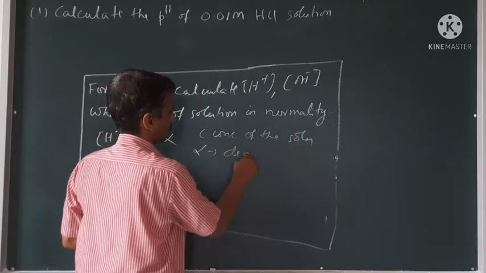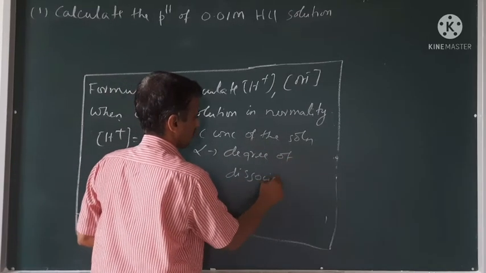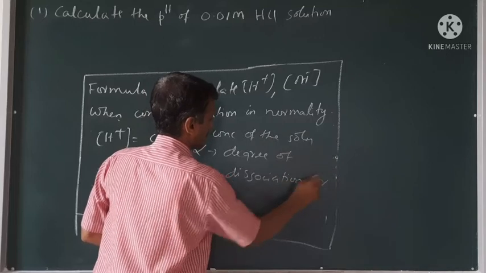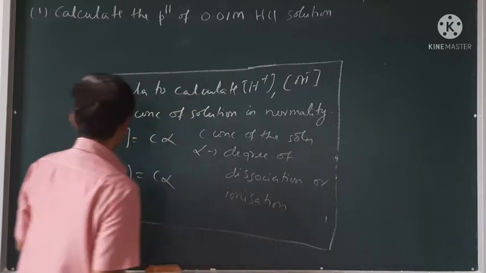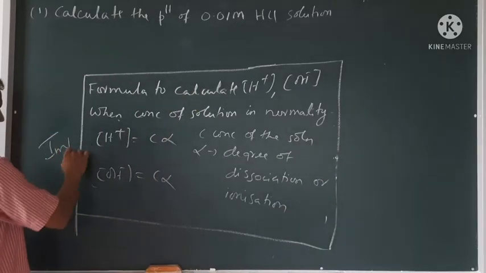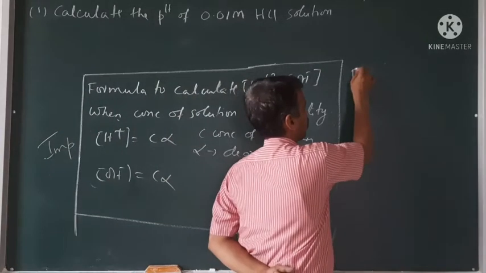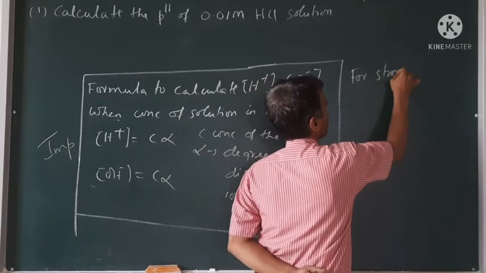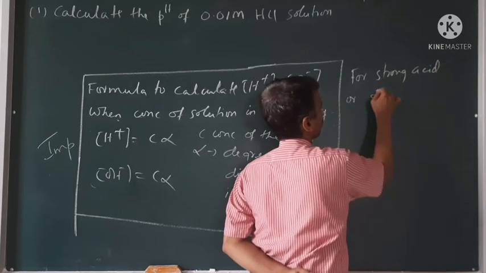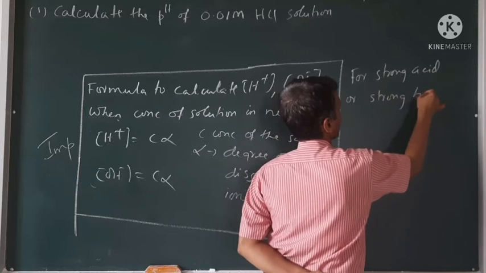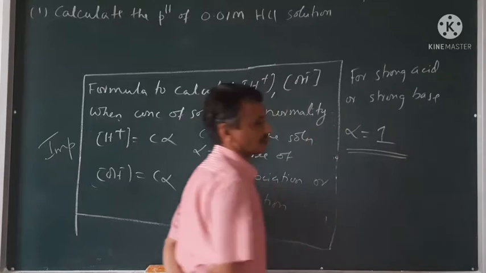Alpha, degree of dissociation or degree of ionization. Again, write down, important. One more point you write down. For strong acid or strong base, alpha is 1. Note it properly.